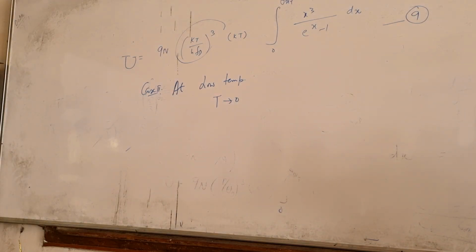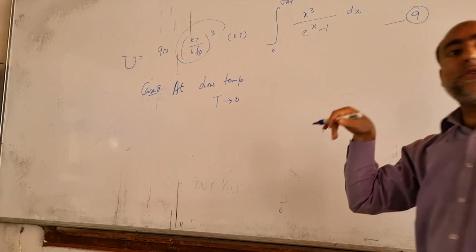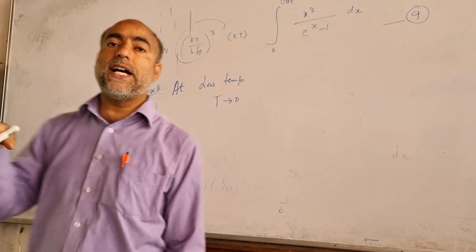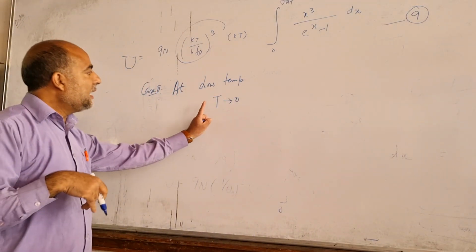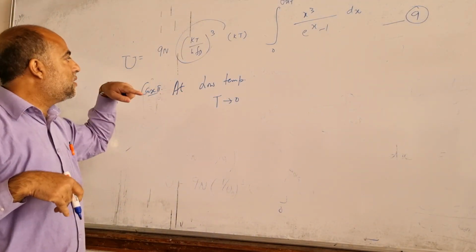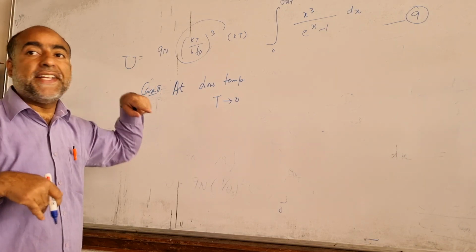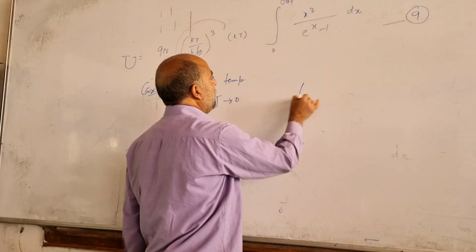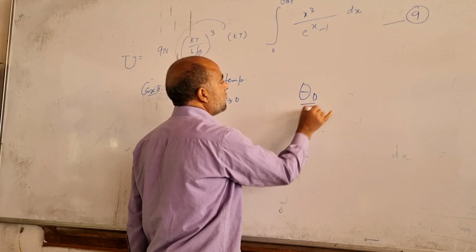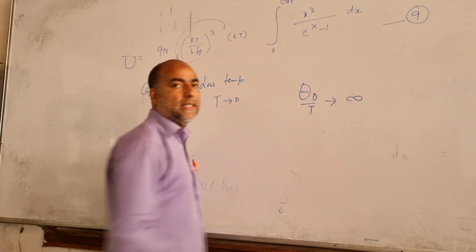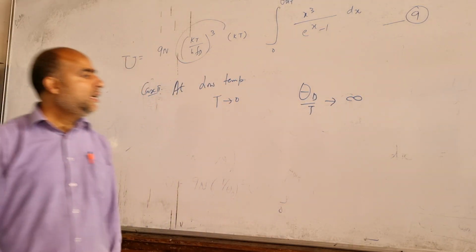The tendency is towards 0, that's what the limit is suggesting to us. So if the temperature is low, what will happen to theta D by T? It will become infinite.